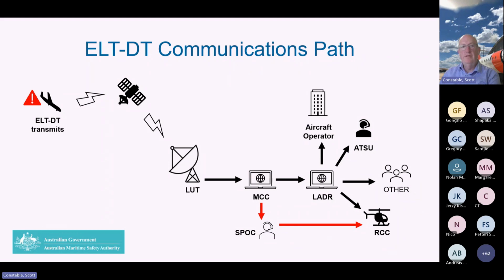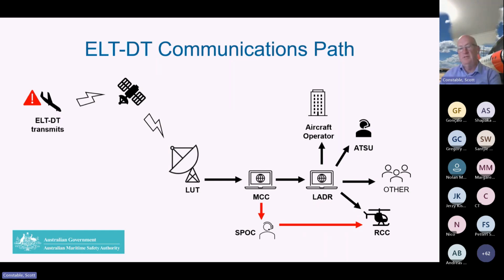I mentioned before that the ELT-DTs are now flying, are in operation, and there have been some activations. However, they've been false activations. Those alerts have been received via the COSPAS-SARSAT system, not yet via the ladder system.